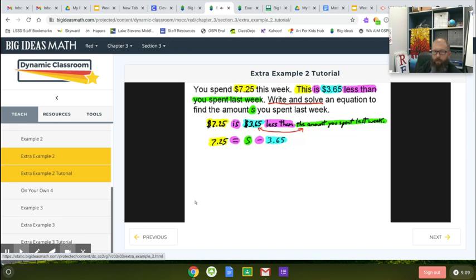Now let's rewrite the equation and solve it. Notice that the variable S is on the right side of the equation. It doesn't matter which side it's on, but we want to get the variable by itself by writing an equivalent equation which gives us the solution value. So what we need to do here is find the inverse operation that undoes subtracting 3 65/100ths.